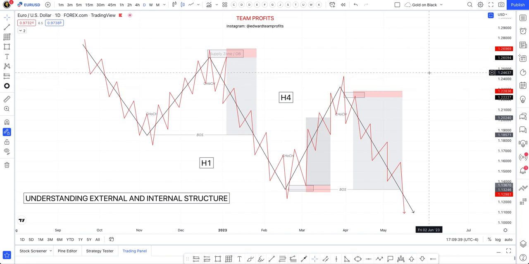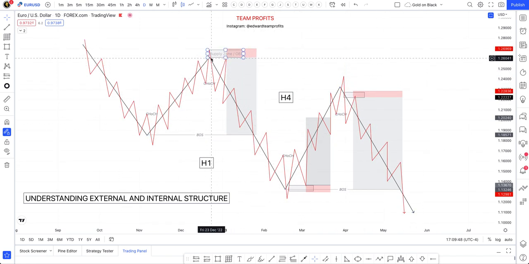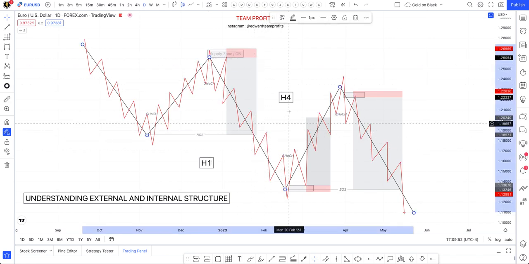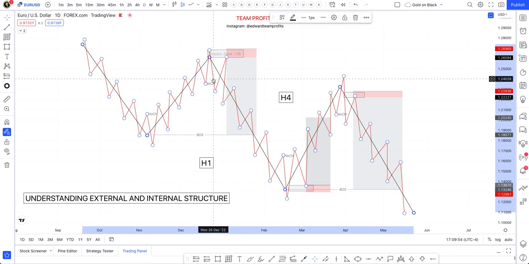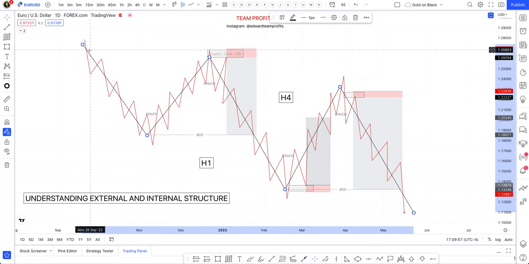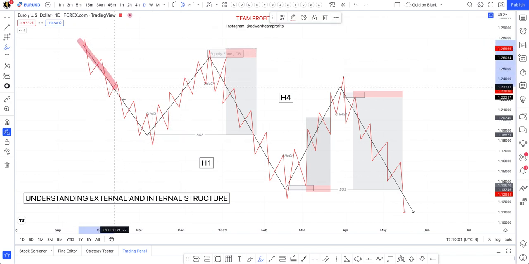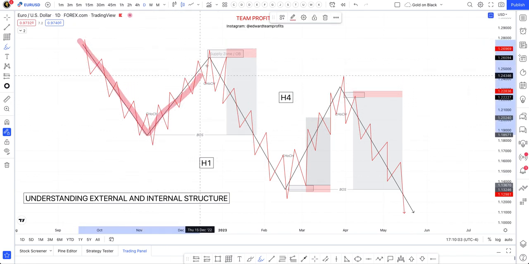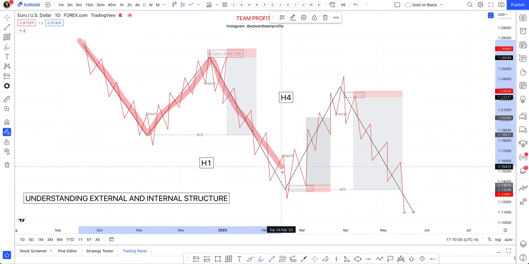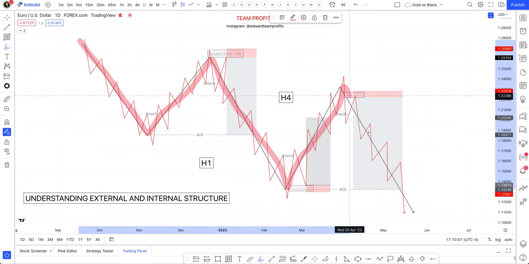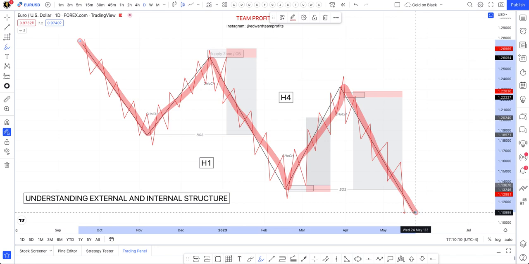Okay, so this is basically, guys, an external structure and an internal structure, and how you can play with both. You can go on H4, or let's say a daily time frame. You go on a daily time frame and you jump from the daily to the 4 hour. So the black line right here, this push and pull back, all of this is the external structure, right there.